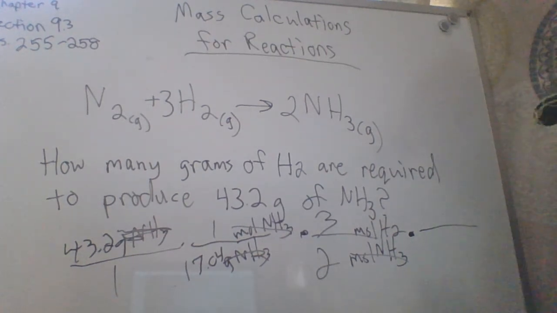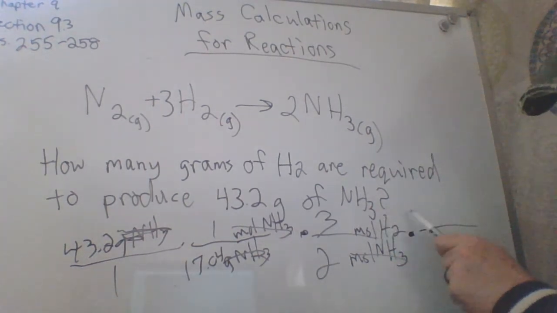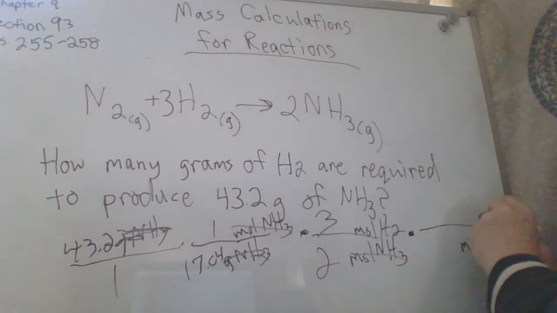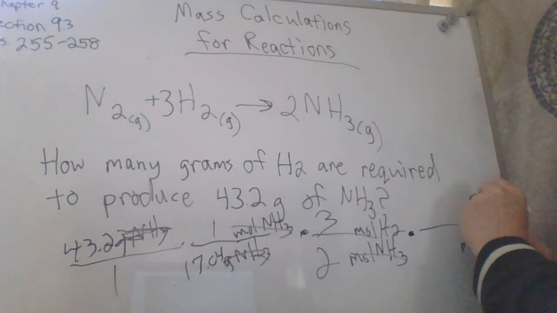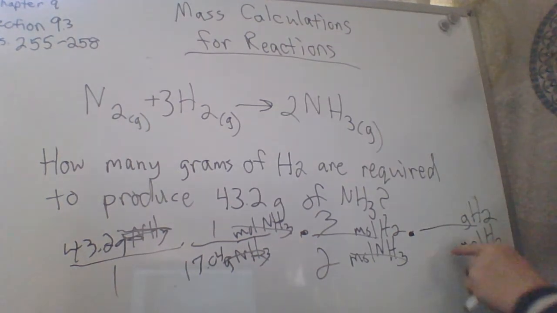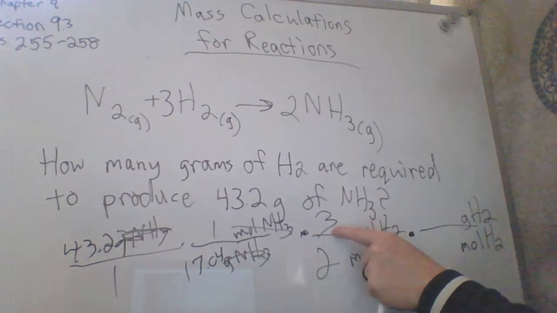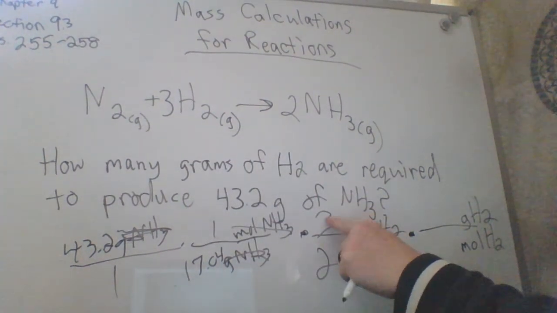Last fraction, we need to jump from moles of H2 and bring that down to grams of H2. So moles of H2 is on the bottom, grams of H2 is on the top. Once again, just like I mentioned a few minutes ago, the 3 here has already been taken care of with the mole-to-mole ratio.